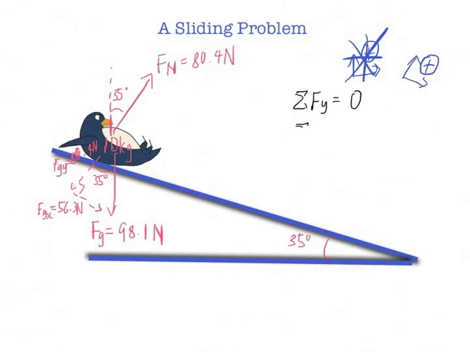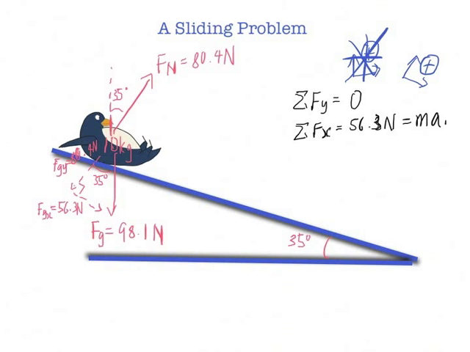However, what about in the x direction? Well, the penguin is sliding down the slope, right? And what's the force compelling it to accelerate down the slope? It's none other than the force of gravity, the weight force in the x component, because that's the only force acting in the x direction. And that's 56.3 newtons. That's the net force in the x direction. Now, we know that equals mass times acceleration.